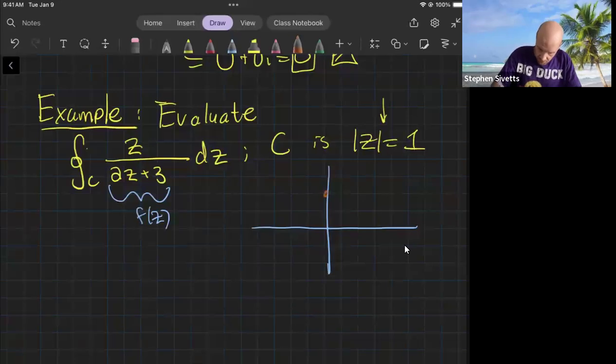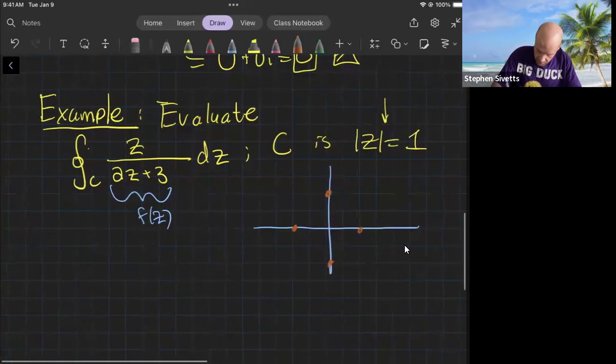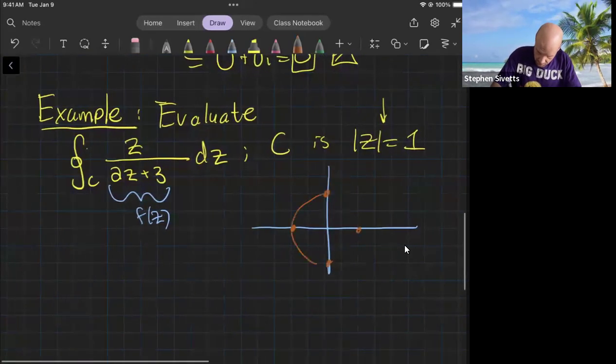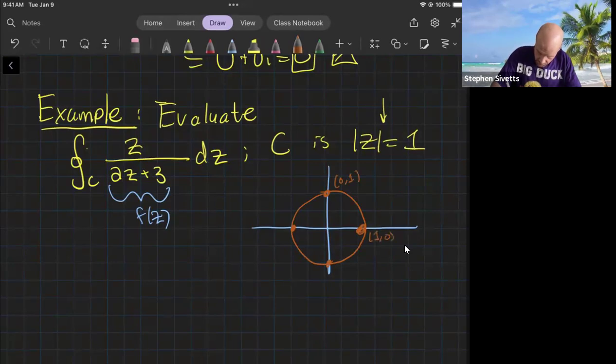The unit circle would be this region: 0, 1, 1, 0, 0, minus 1, and minus 1, 0. So this is the closed contour they're talking about here.